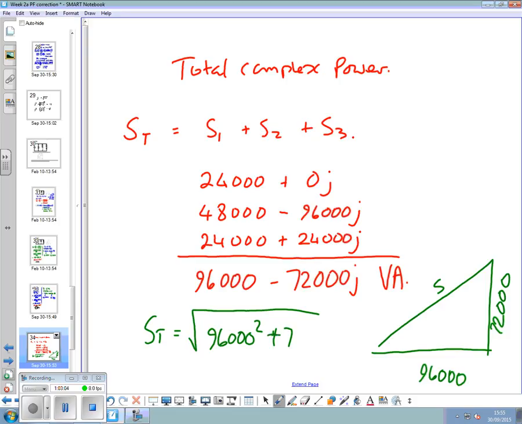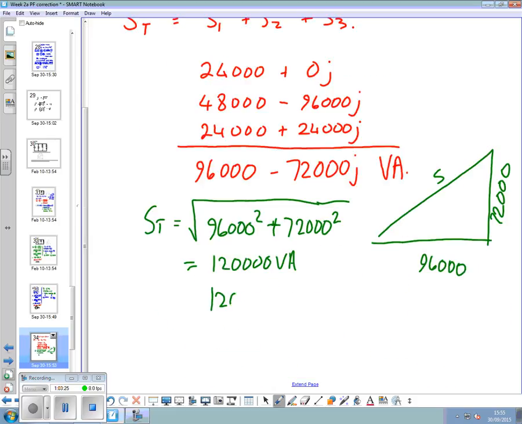Because you're only interested in the magnitudes here, if you square that negative number you'll get a positive number anyway. That came out at 120,000 VA, or more appropriately 120 kVA. Yep.